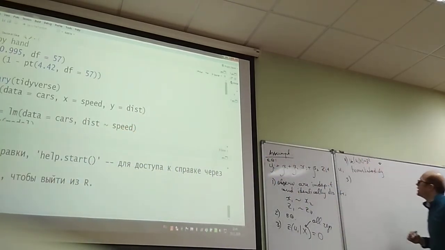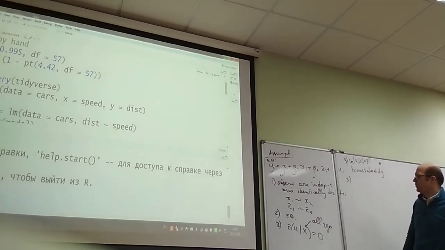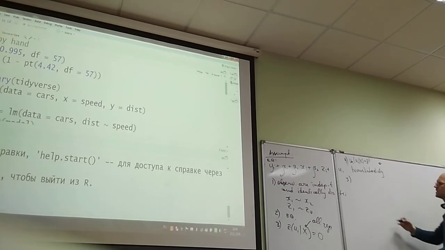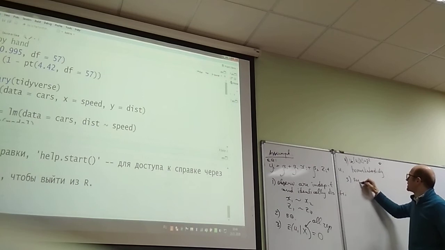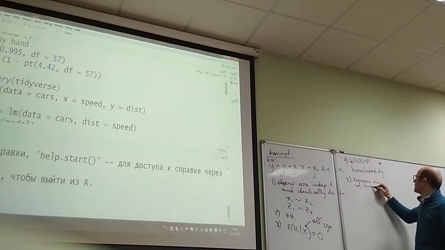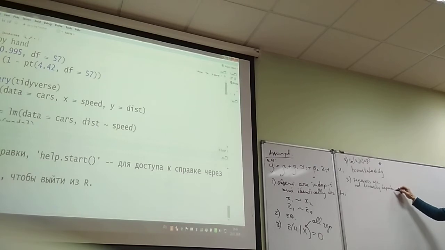5. So independence. So there is a technical assumption. Regressors are not linearly dependent. Then what else?